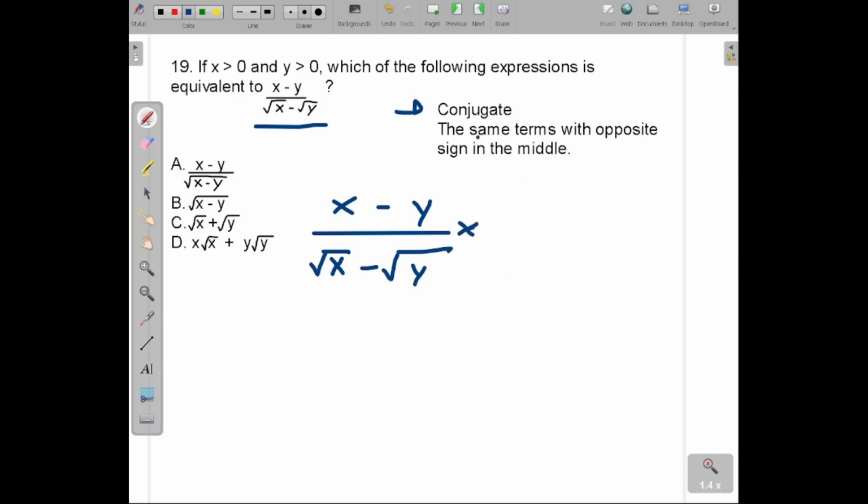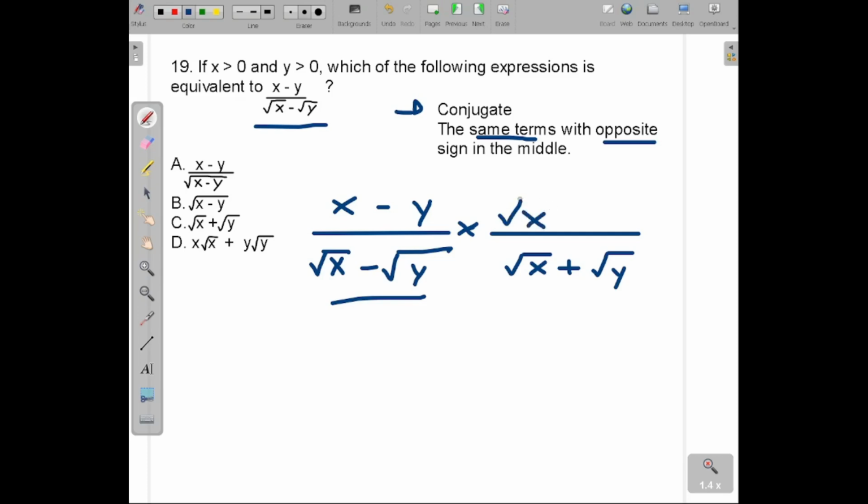And as we said, the same terms of the denominator, so square root of x and square root of y, but with the opposite sign in the middle. So instead of negative, is positive. That's for the denominator, and the same for the numerator.